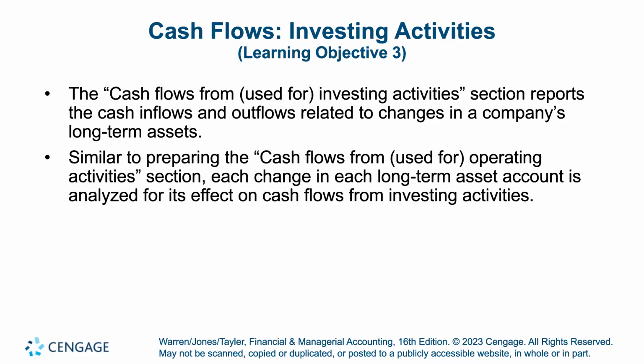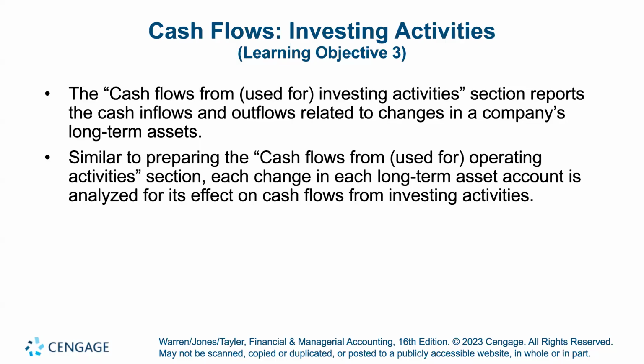And so most people use the indirect method, where you can start with the net income, add the depreciation back in, make any adjustments for gains or losses from non-operating activities like the sale of land or equipment, and then finally do those adjustments for the changes in the current assets and the current liabilities, right? That's kind of what we walked through on Monday.